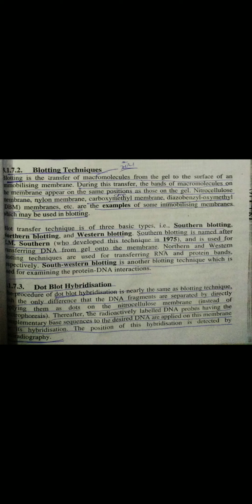These three techniques are divided based on the separation mechanism. Southern blotting is used to transfer DNA from the gel onto the membrane. Northern is used to transfer RNA, and western is used to transfer protein onto the membrane.